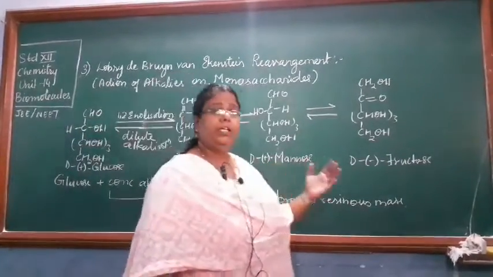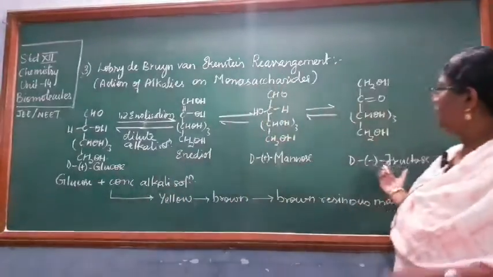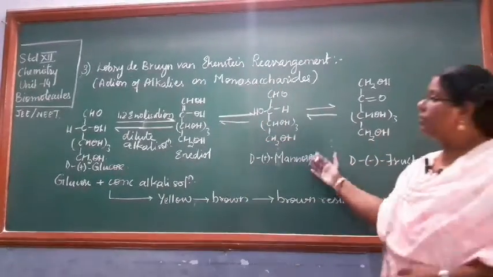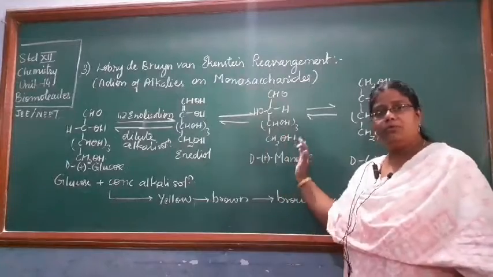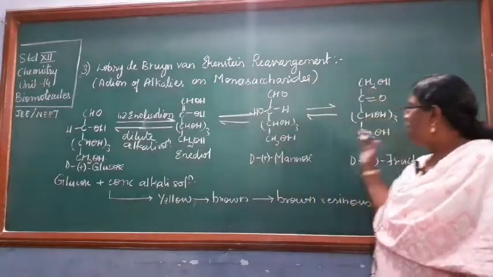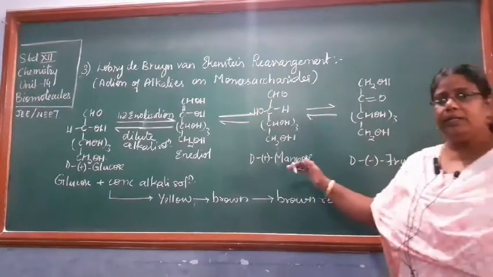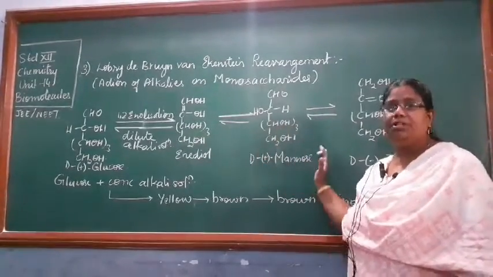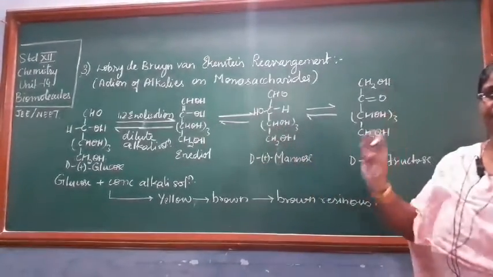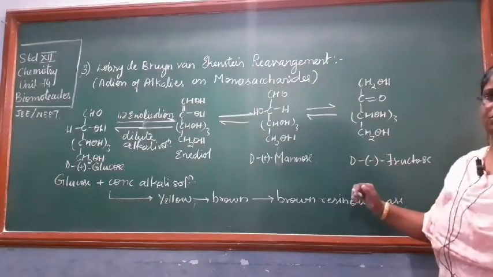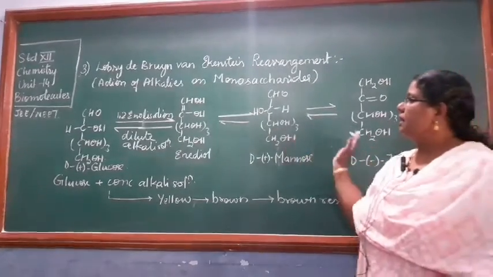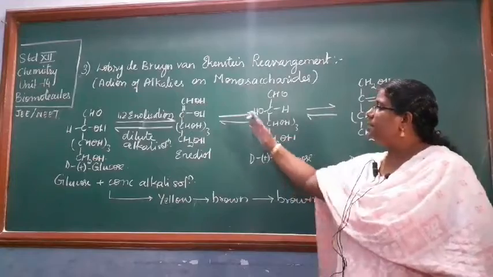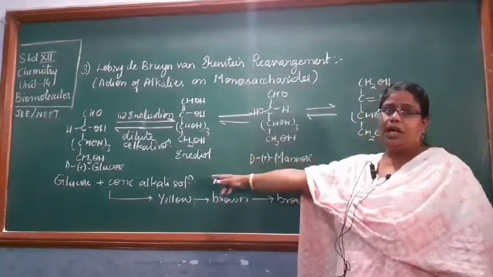If you start this reaction with fructose or with mannose, then also you will get an equilibrium mixture of all these three, D-glucose, D-mannose, D-fructose, with dilute alkali solution. And this equilibrium mixture is obtained by the formation of this enediol.